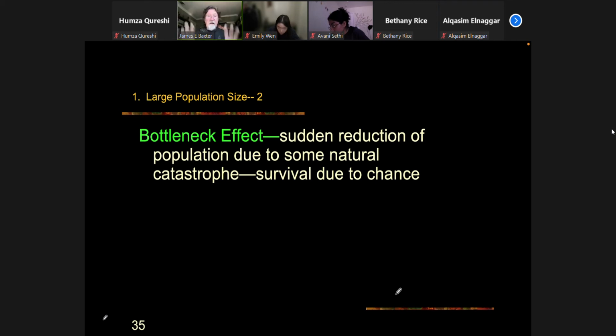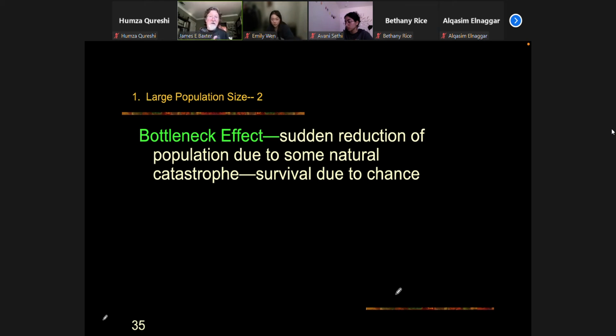We kill off most of the population, and we started with a large population, but we only have 10 survivors. Those 10 survivors are a random sample of our gene pool. The survivors may not represent P equals 0.5 and Q equals 0.5 from the original population, because it's like taking 10 random individuals and letting them survive. Now our allele frequencies have changed.